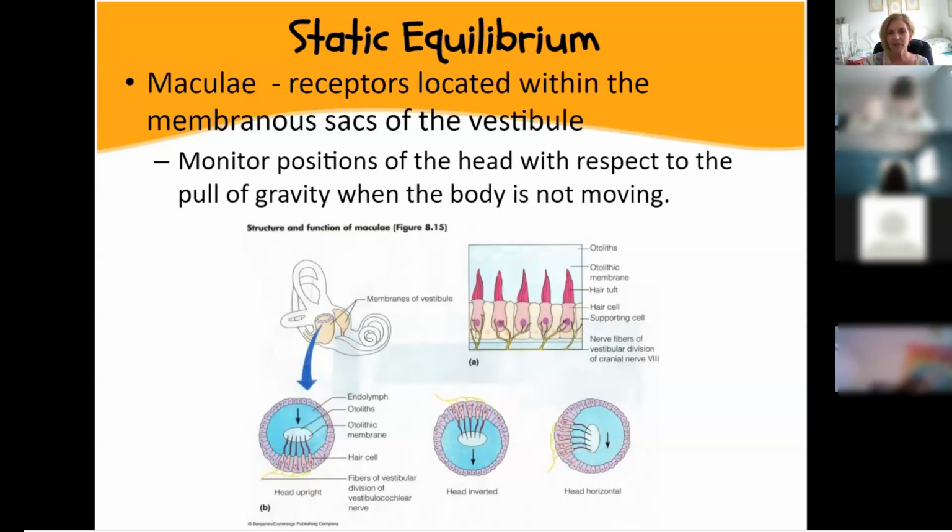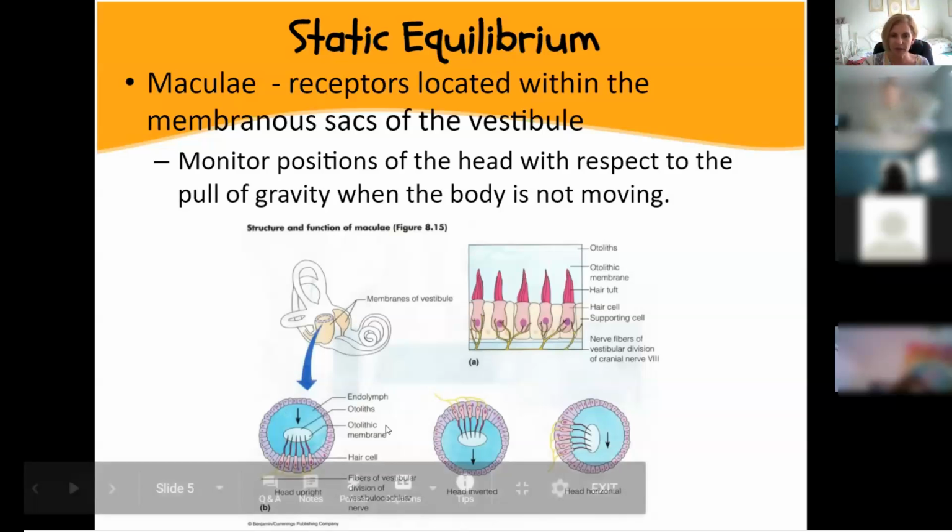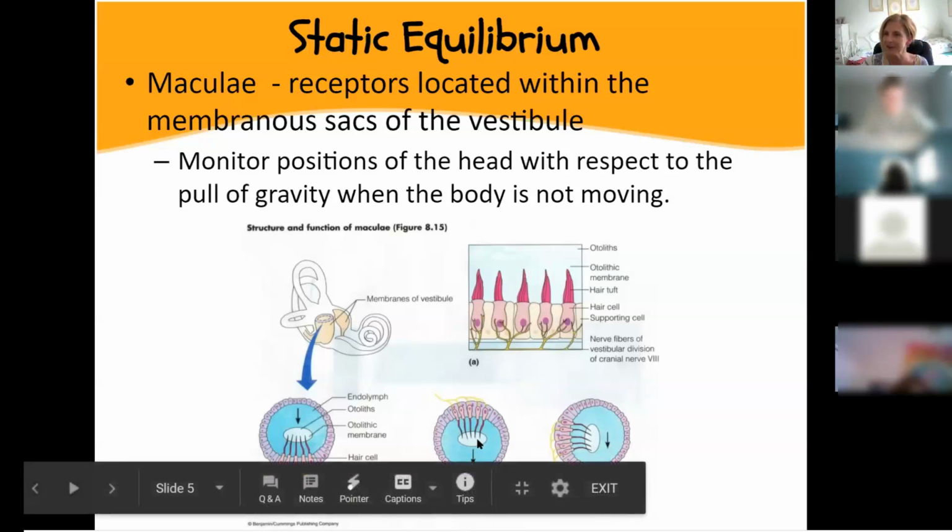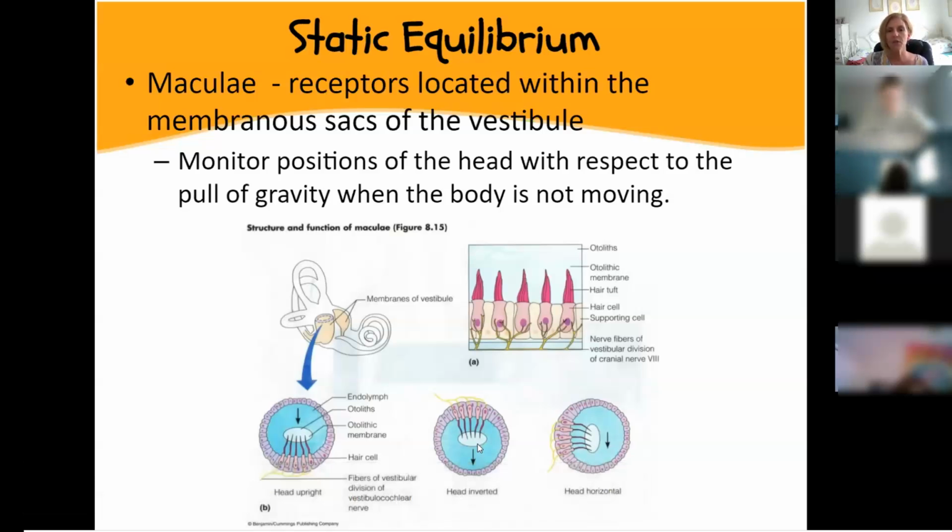So they have different things that are pressing on the hair cells. We had that tectorial membrane with hearing. In this case, you have these calcium stones in your head. So people say your head is full of rocks. These calcium stones are called otoliths. And otoliths will drop in the direction of gravity.